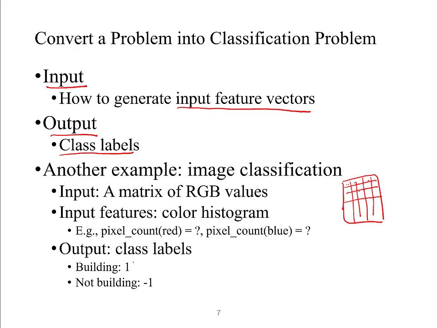If it is a building, then the label would be 1. And if it is not a building, the label would be -1. All right, so hopefully by now, with all these examples, you know how, given a real application or a real problem, you convert it into a classification problem. Basically, you need to know what the input is and what the output is. Those are the two essential things for now.